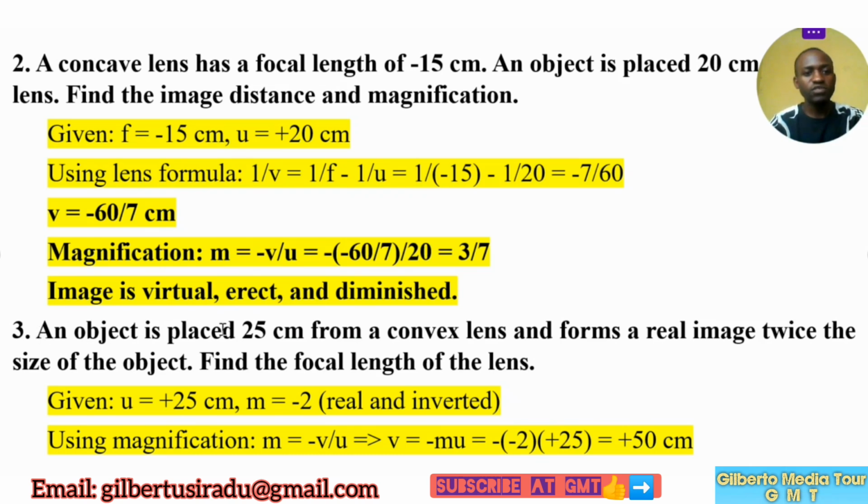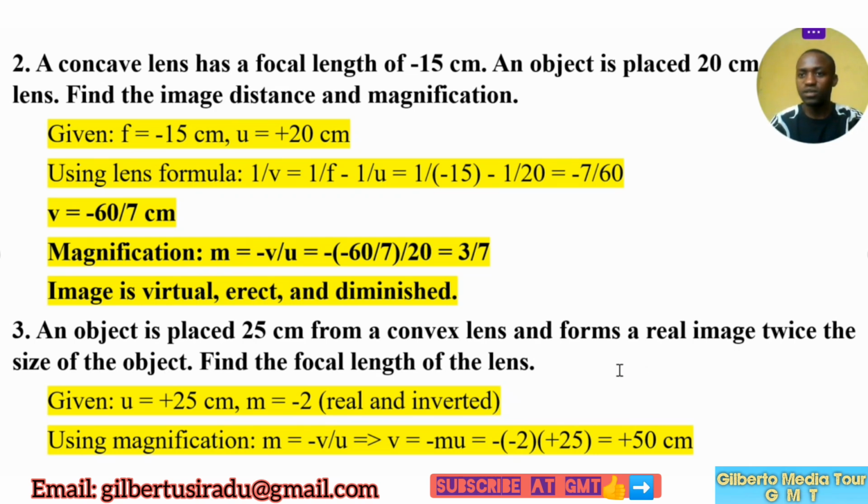The third question: an object is placed 25 cm from a convex lens and forms a real image twice the size of the object. Find the focal length of the lens. We have a convex lens where the object distance is 25 centimeters and the magnification is -2.